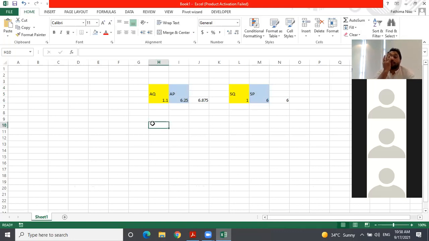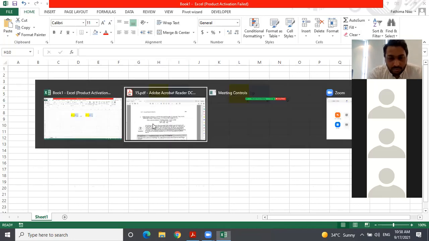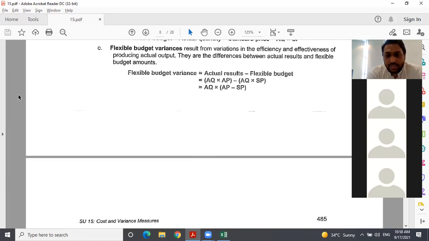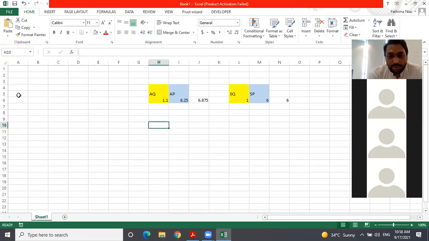We will take one example. Say we were planning for a standard quantity and standard price. When I put in two quantities of some raw material, I will get 1 unit of output, and the price for each unit is, for example, $5.5.